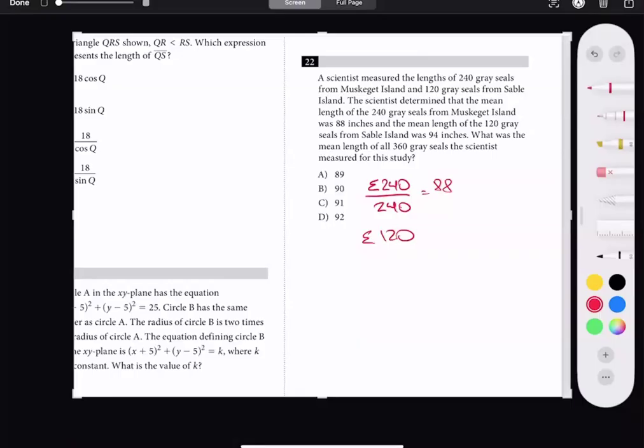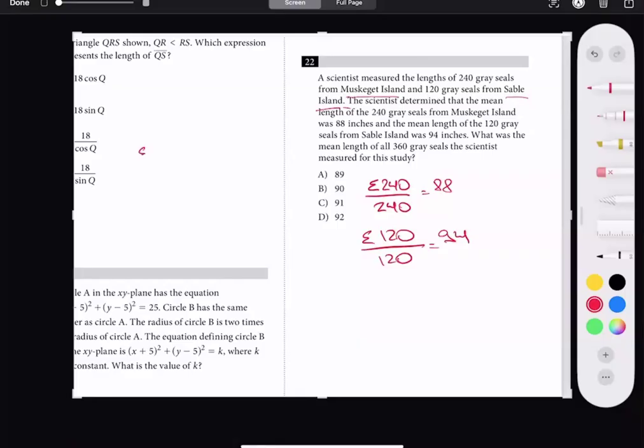Oh my God, I'm confused. Muscat Island seals and Sable Island. Sable Island. Okay. The summation of the lengths of the 120 Sable Island seals divided by the quantity is 94. Do you agree? Okay. So he wants to know the mean of everything.